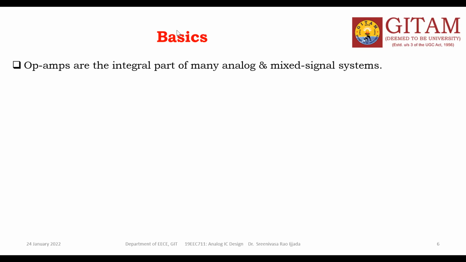When we discussed BJT and MOSFET, MOSFET will have some benefits and BJT will have some benefits. But we need the advantages of both together, so that we can find them in the op amp. Anyhow, op amp is the basic element in many analog and mixed signal systems.